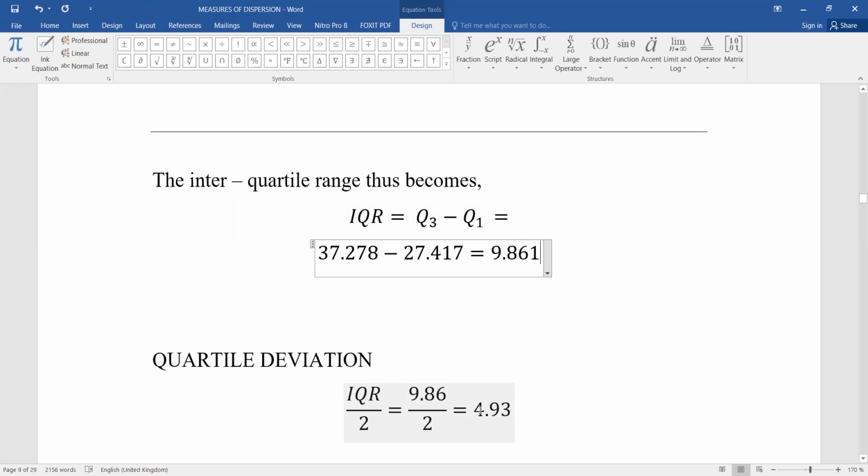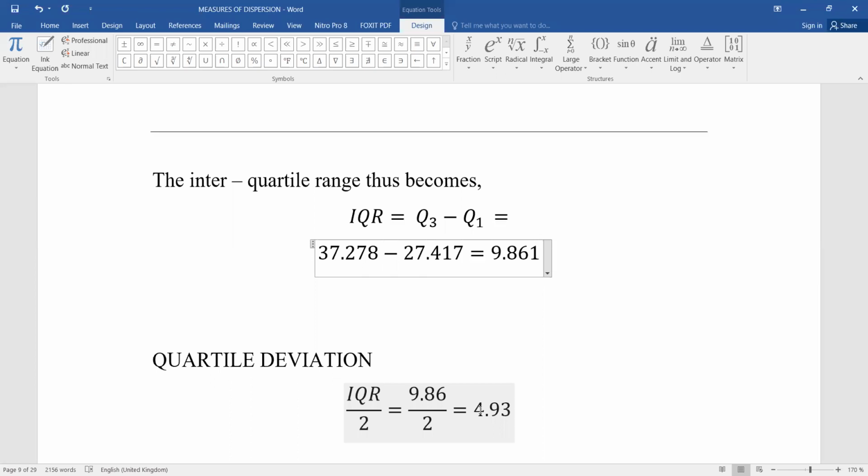Is anyone lost? Do we have anyone who's lost, especially those who joined from the beginning? If you just joined, semiquartile refers to Q2.